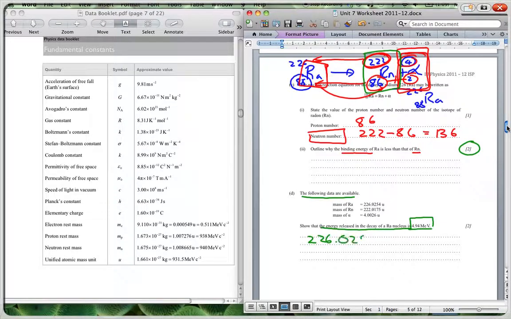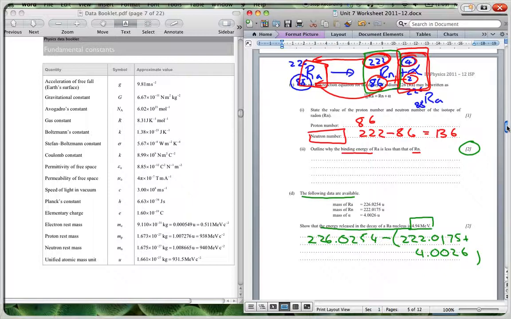We take that and subtract from it 222.0175 plus, also in brackets, 4.0026. We're going to get our value in terms of atomic mass units.